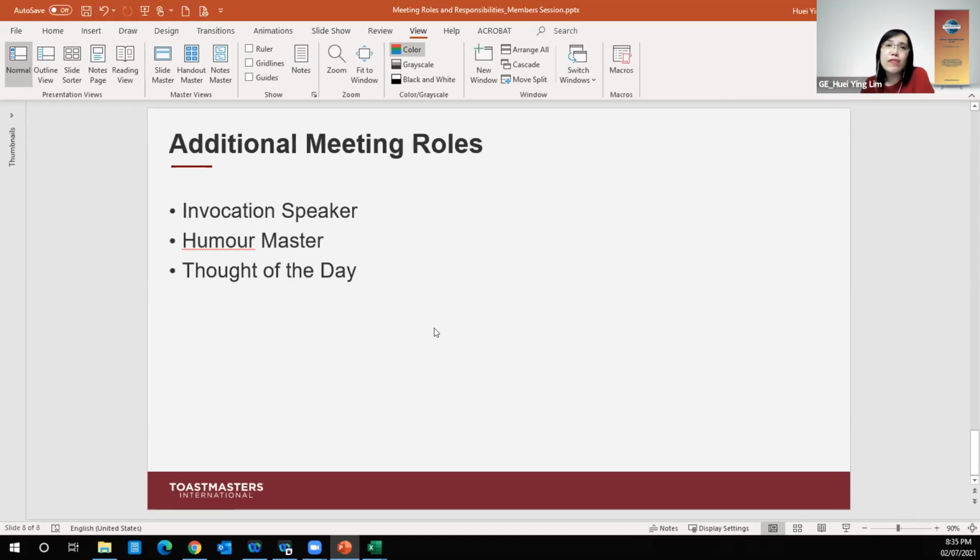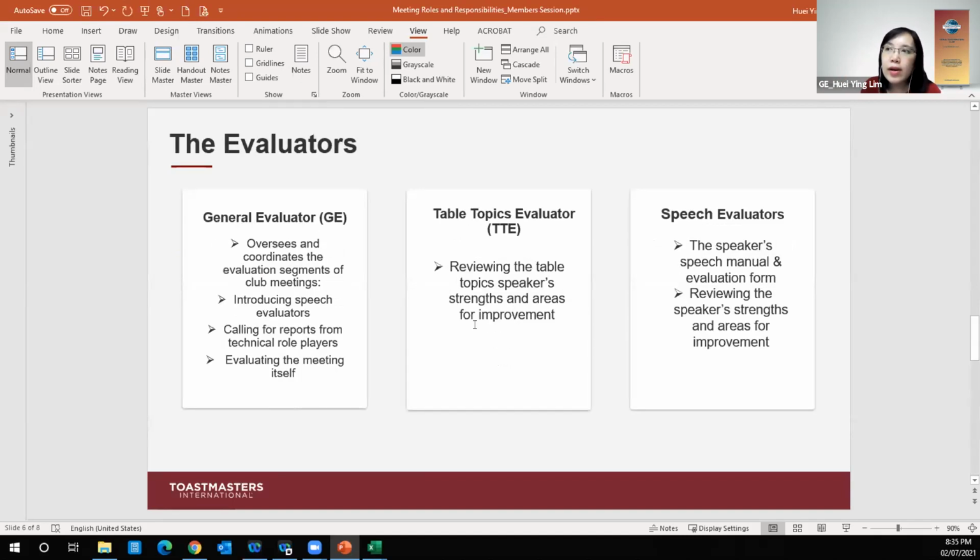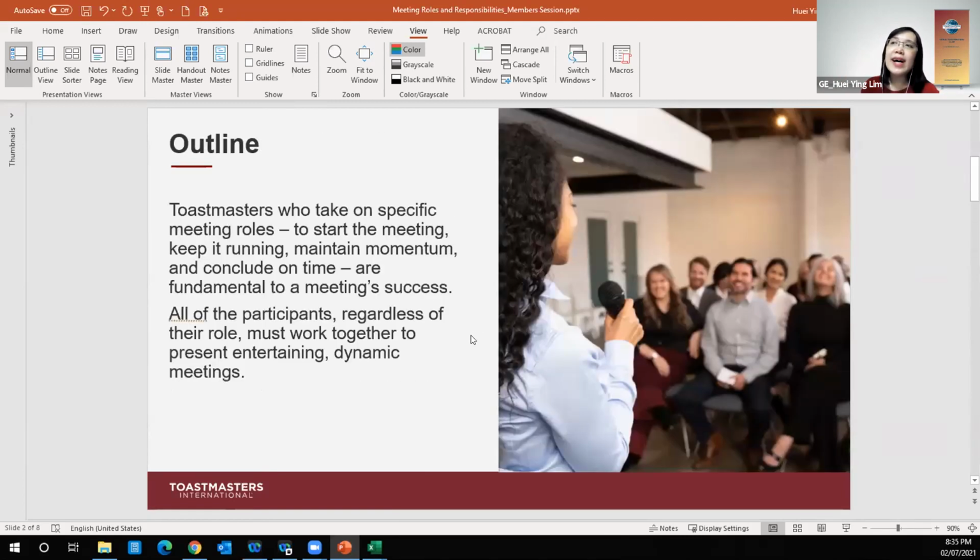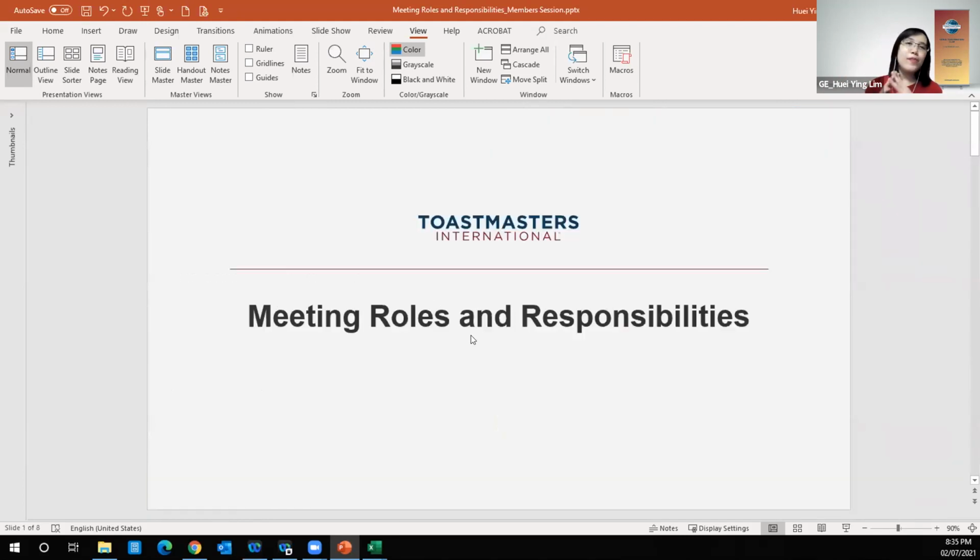So this is just to share with you how some of the other clubs would incorporate this in their club meeting instead of just the standard roles. Okay, so that is the end of the sharing in terms of the meeting roles and responsibilities.